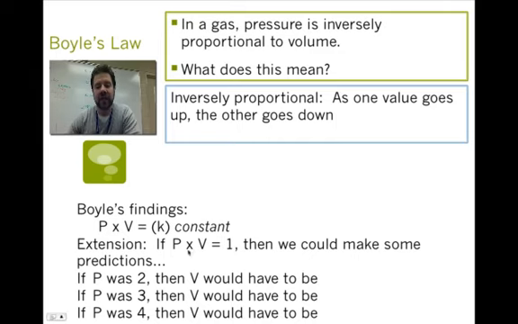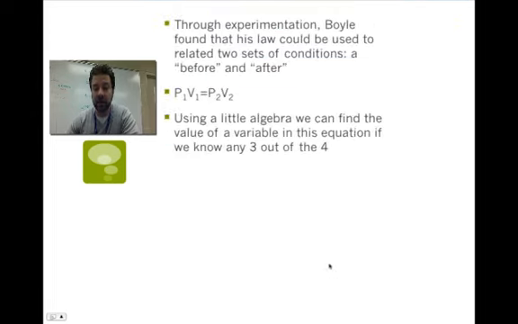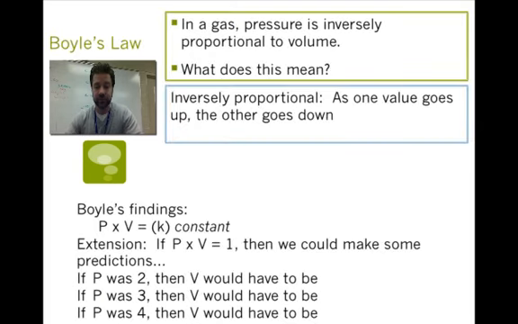If P times V equals 1, we can then predict some mathematical relationships that go with Boyle's law. For example, if P was 2, then the volume would have to be, so we'll keep the answer as 1, what would we have to multiply times 2 to get 1? V would wind up being 1/2, because we all know that 2 times 1/2 equals 1.